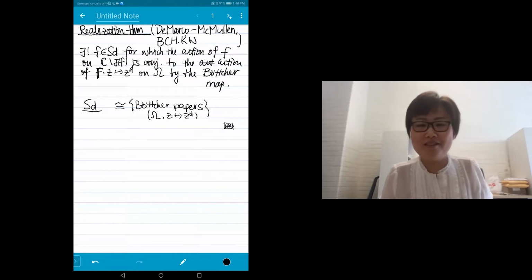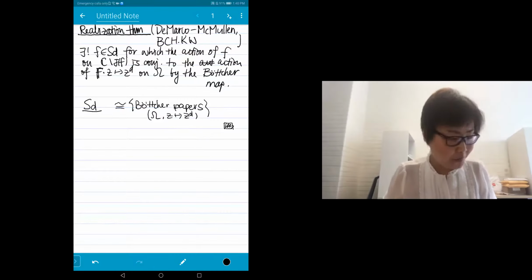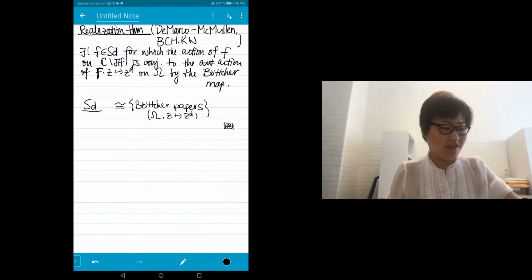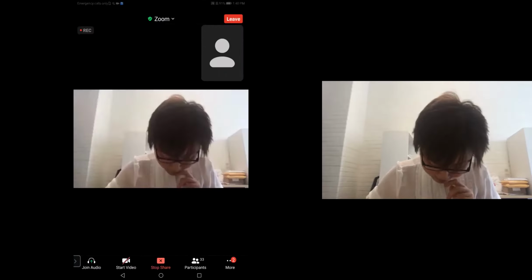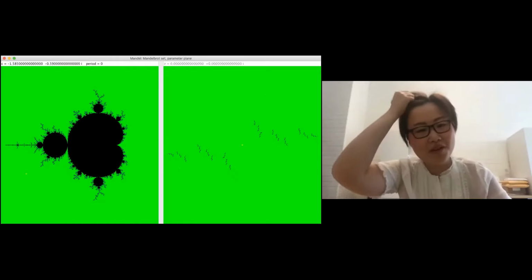So now I'm going to tell you how mapping class groups come in. Let me just go back to my computer. Again, we can come back to the picture of the Mandelbrot set.